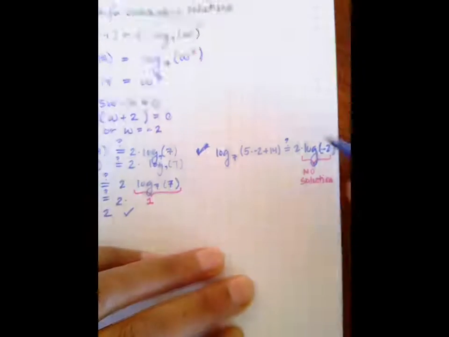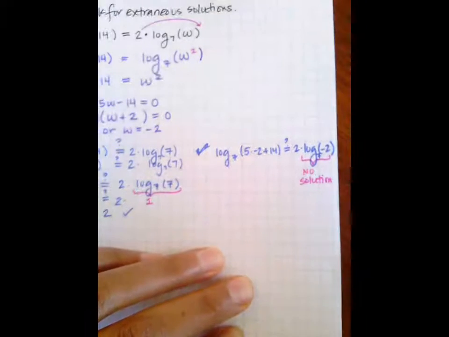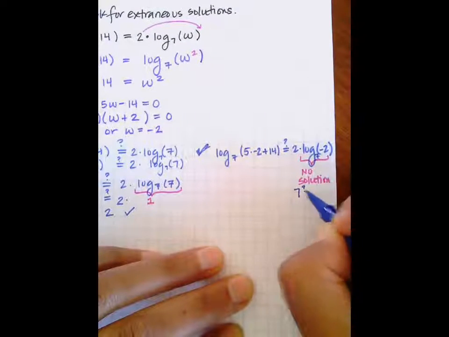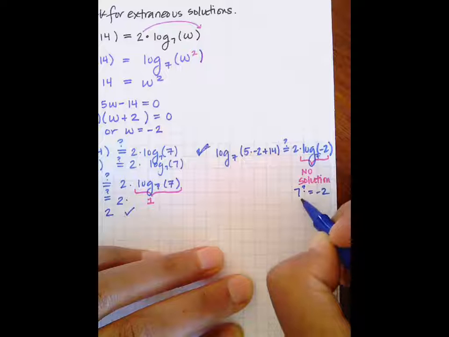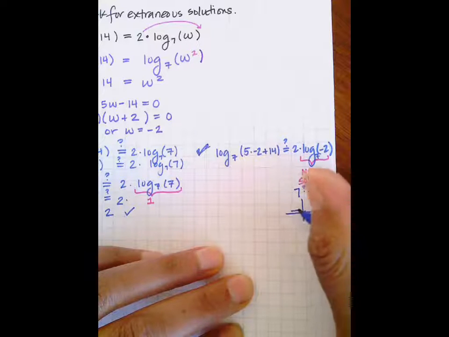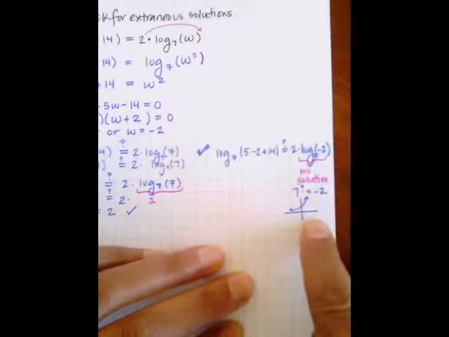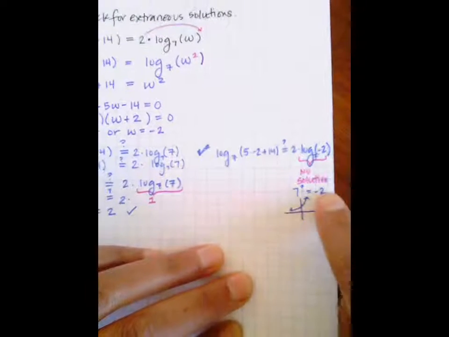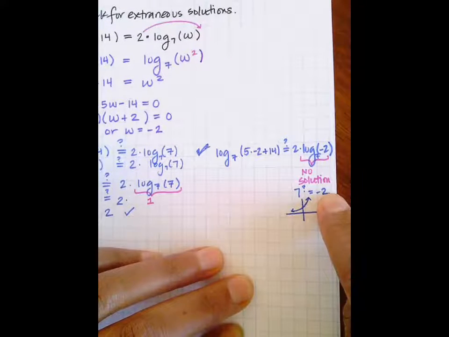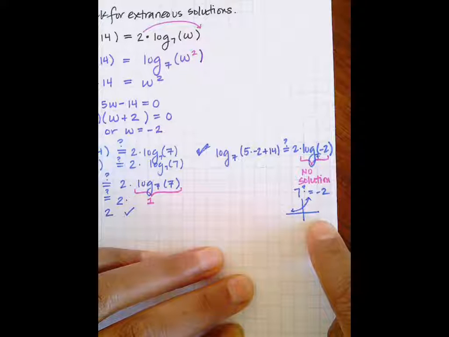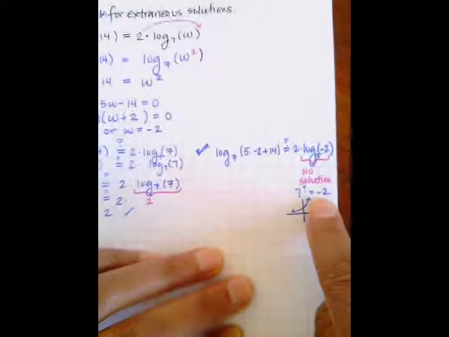Again, I forgot that I dropped my base. But this is saying 7 to what power gets you negative 2? As a reminder, all exponentials, which grow kind of like this, never have outputs that are below the x-axis. This is asking when the output is negative 2, and the output is never negative. So there is no solution.